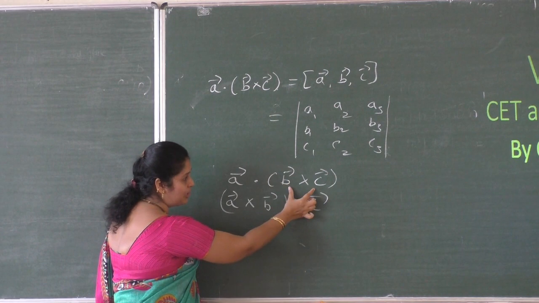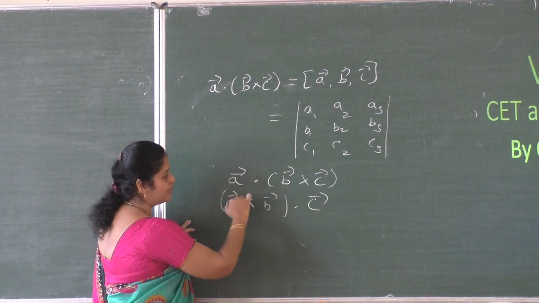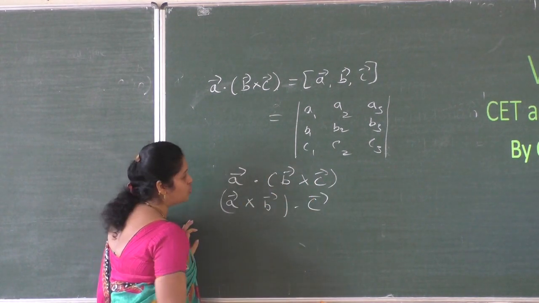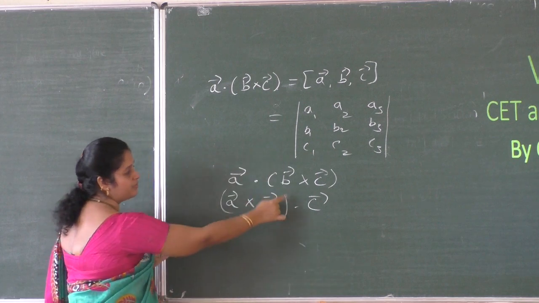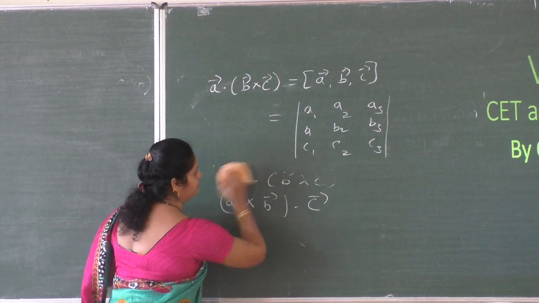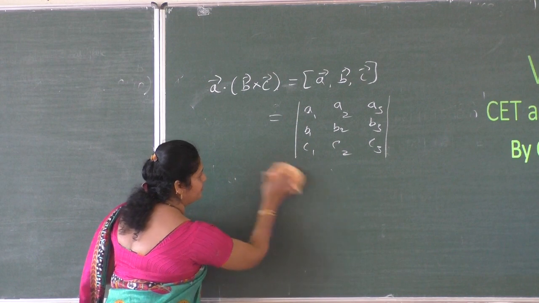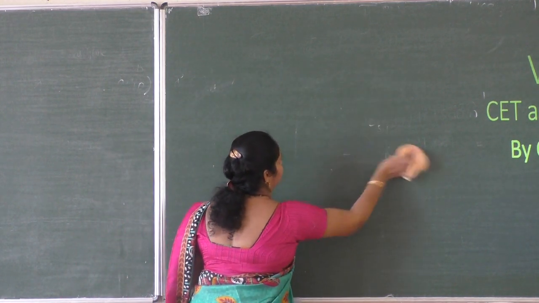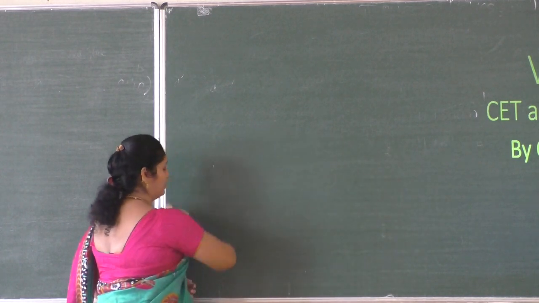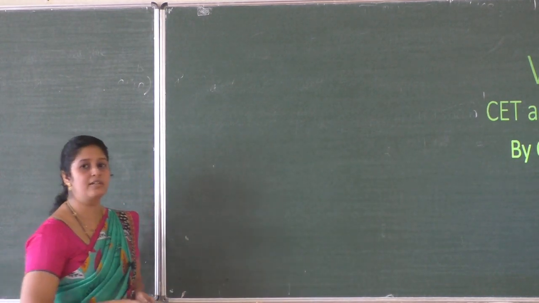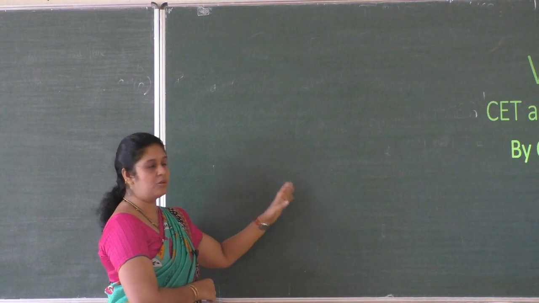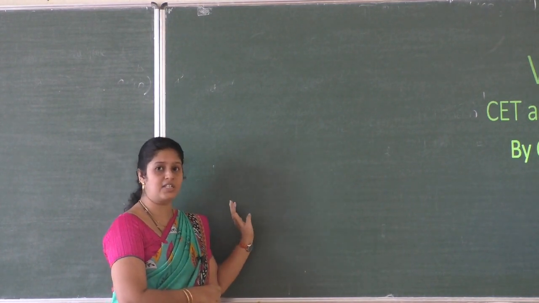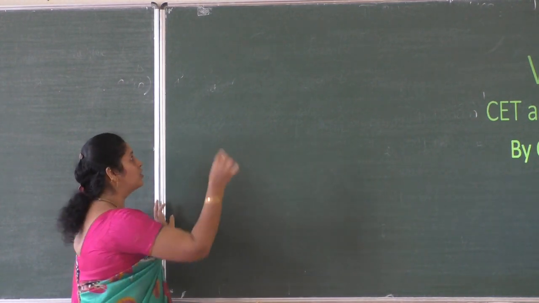So I can write vector B cross vector C dot vector A like this. So you can interchange dot and cross. Okay, these are some important formulas we studied in vectors, though this is not in the syllabus.